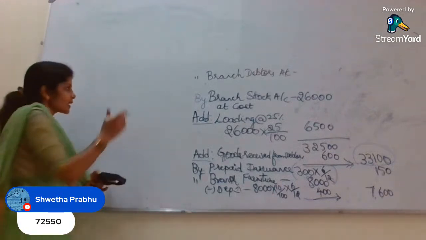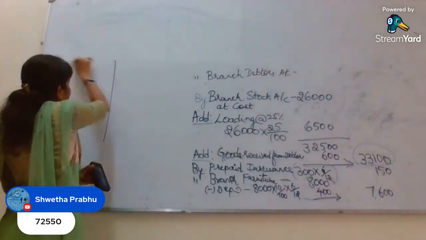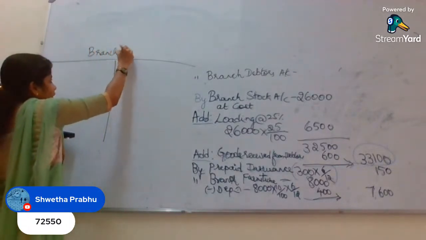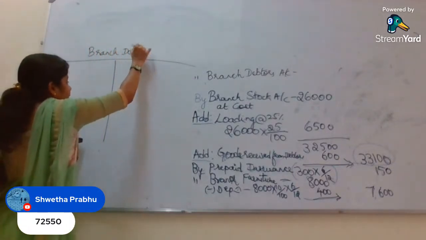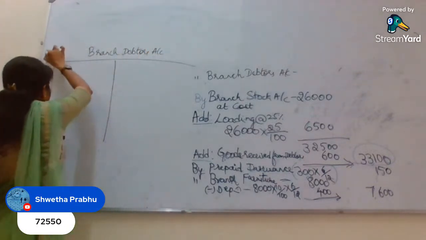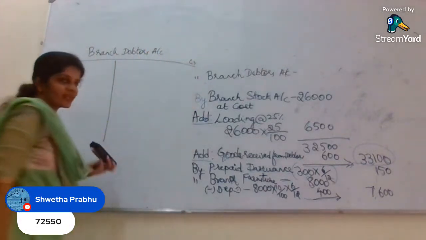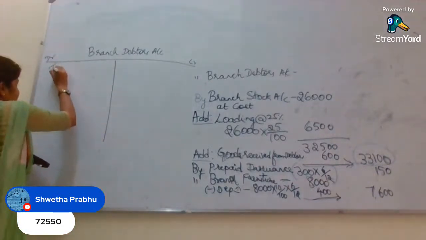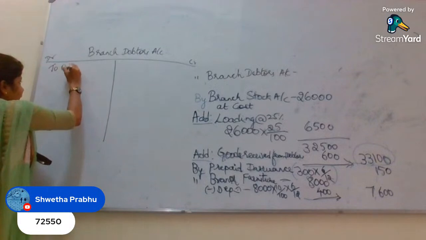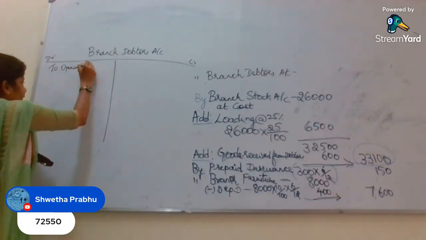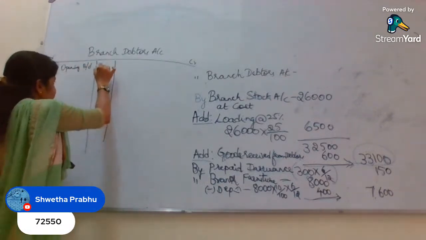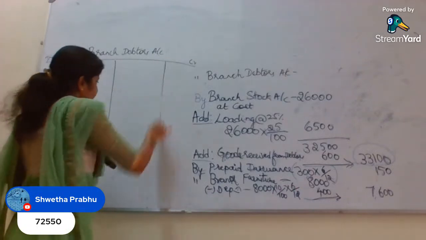This is a branch debtors account, with debit and credit. For every asset, the opening balance is a debit balance. There is no opening balance because this is a new branch.